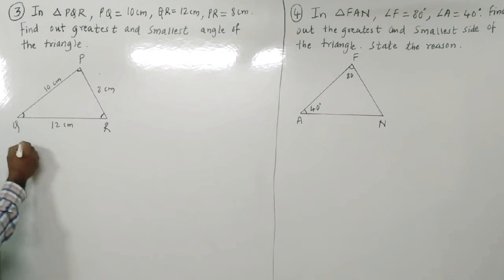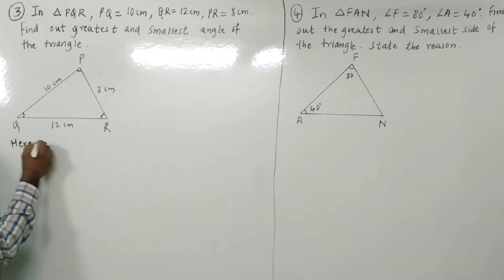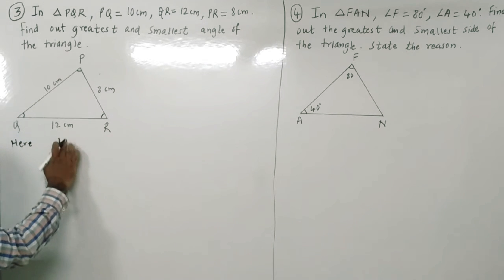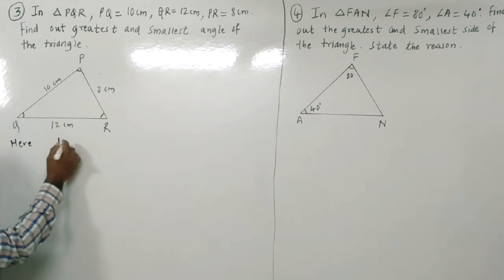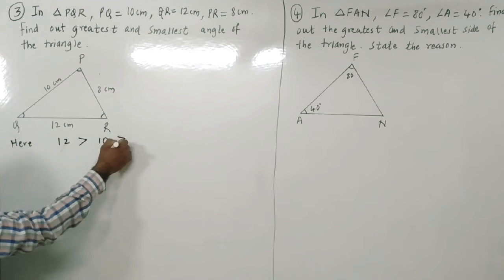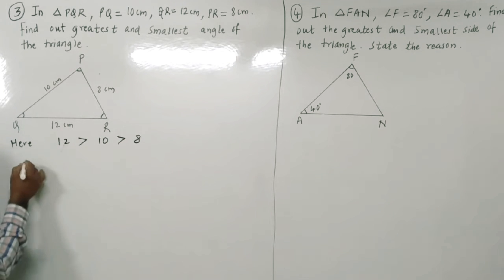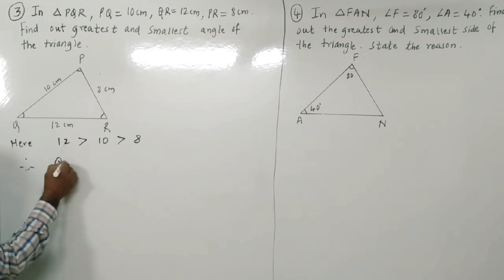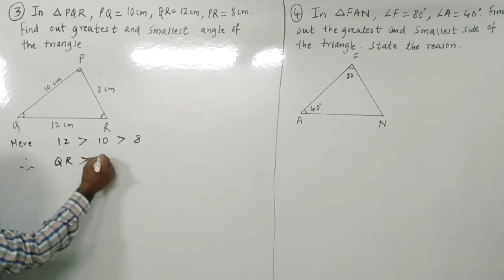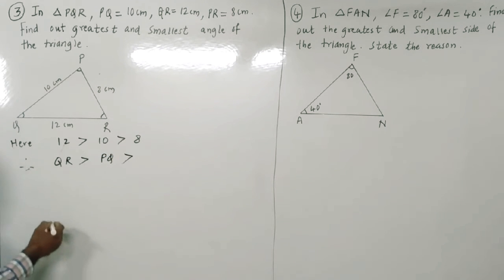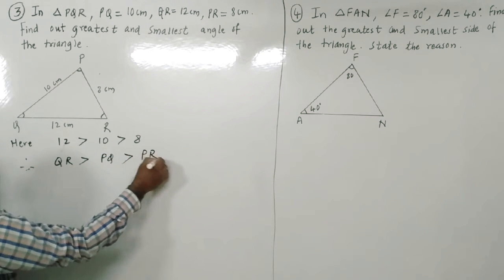Now here 12 is greater than 10 and 10 is greater than 8. Therefore QR is greater than PQ and PQ is greater than PR.